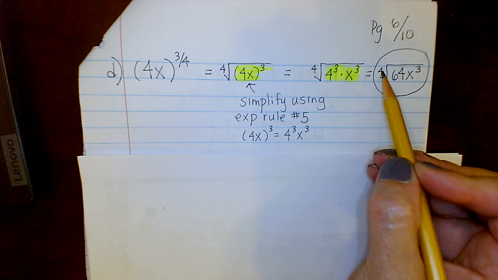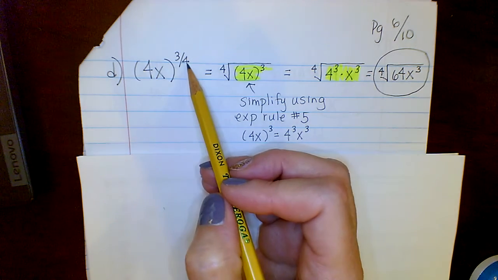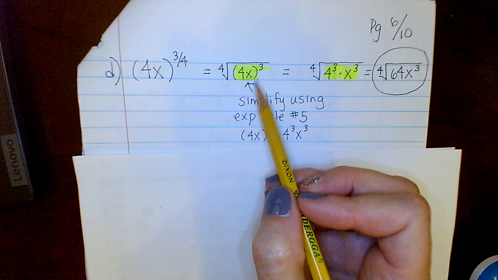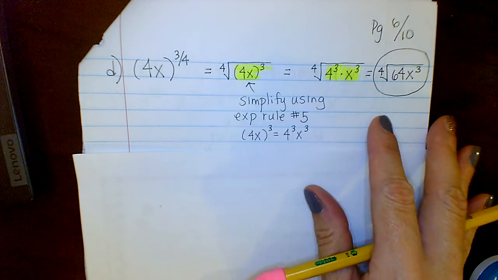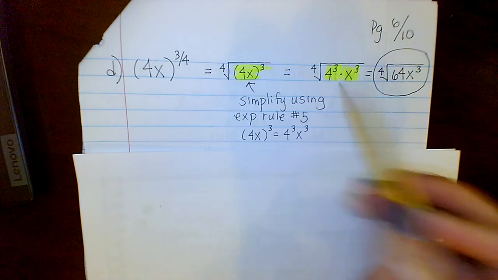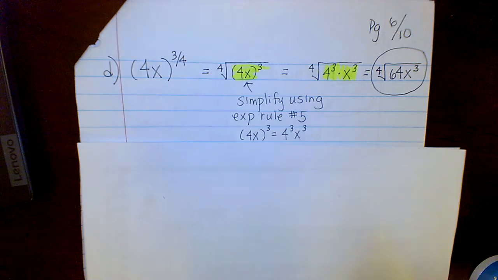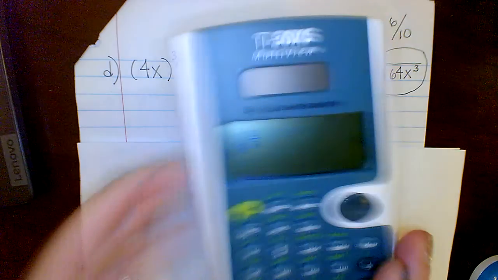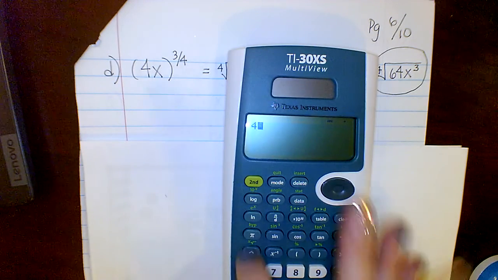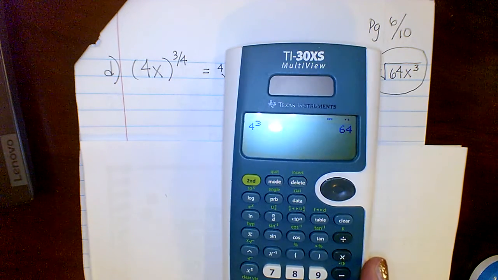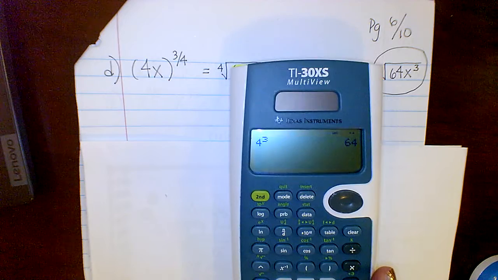So I've got this 4th root from way back here, and all I did was cube out this 4x quantity cubed. I just simplified this a little bit further. Now, how did I know 4 cubed was 64? Well, you can use the calculator if it's not something that you recognize, but it is just 4 times 4 times 4.